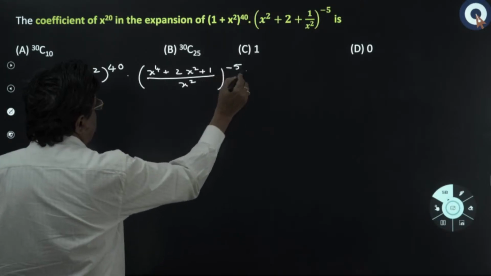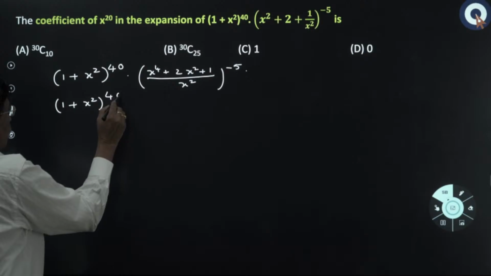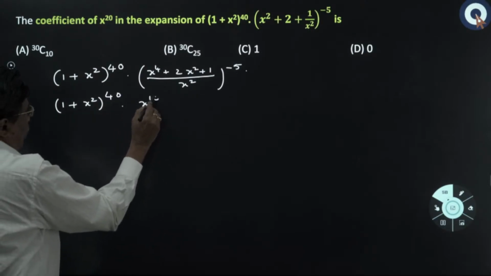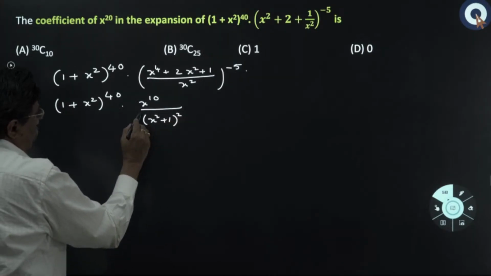This is what is given, which is (1 plus x square) whole power 40 into x power 10 by (x square plus 1) whole square whole power 5.